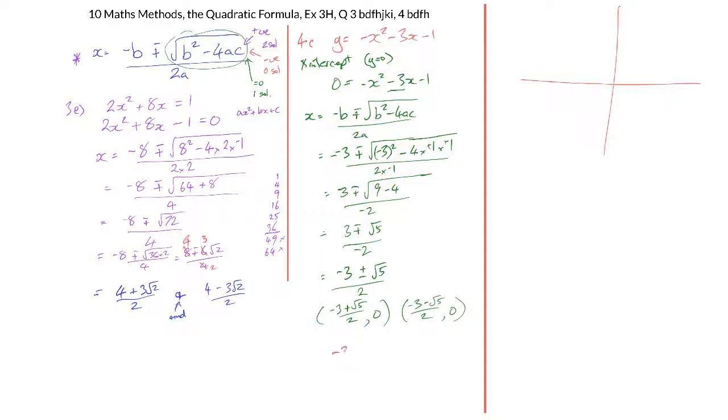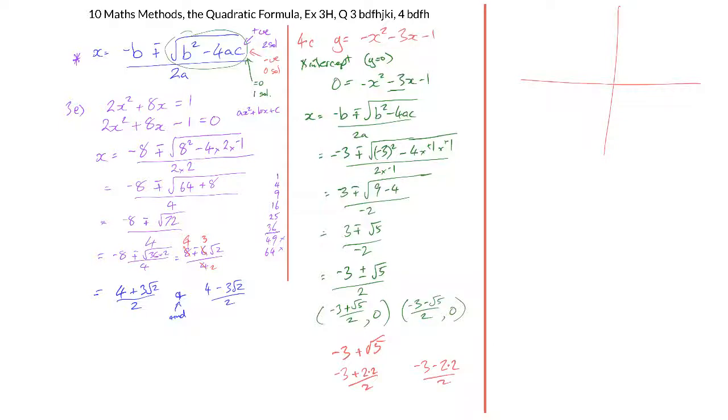Negative 3 plus root 5. Well, root 5 is in between 4 and 9. It's going to be close to 2. So if I go square root of 5, just to see what it is, it's 2.2. So it's basically negative 3 plus 2.2 on 2, and negative 3 minus 2.2 on 2.